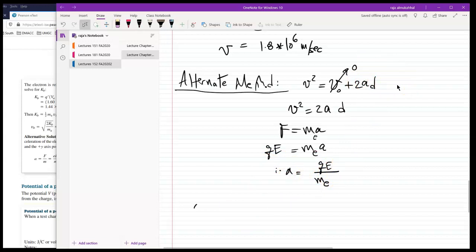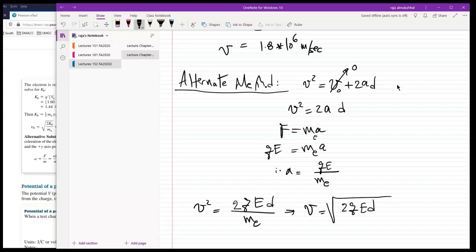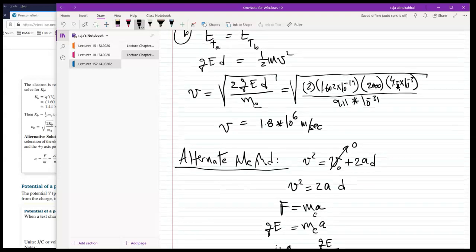So I get V squared equals 2QED over M sub E, and of course V is equal to the square root of 2QED over M sub E. And look at this expression that we have just come up with and compare it with this expression right here.